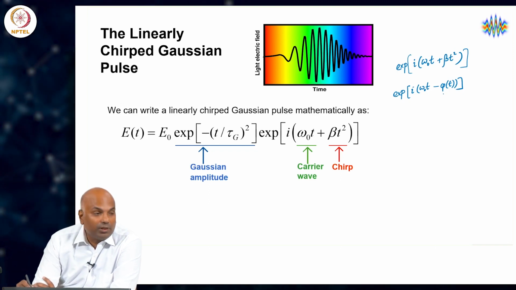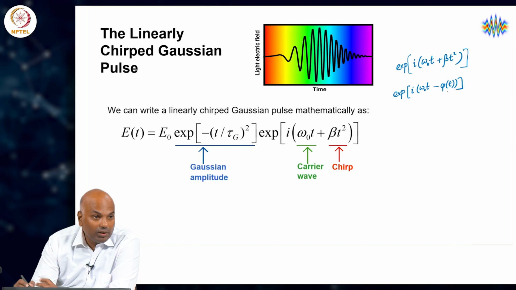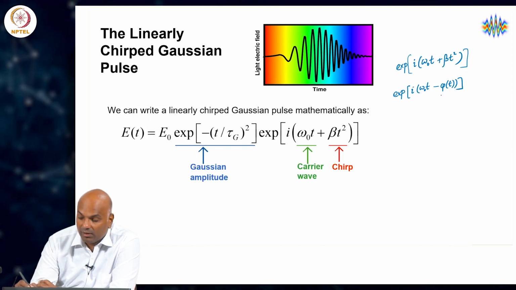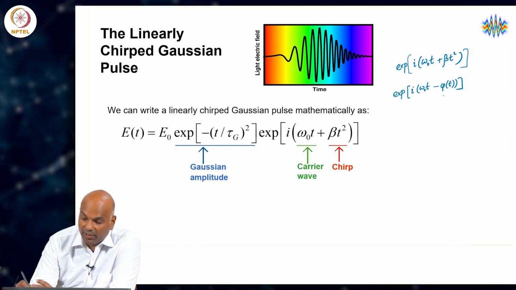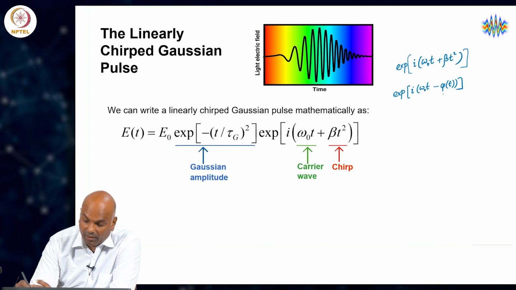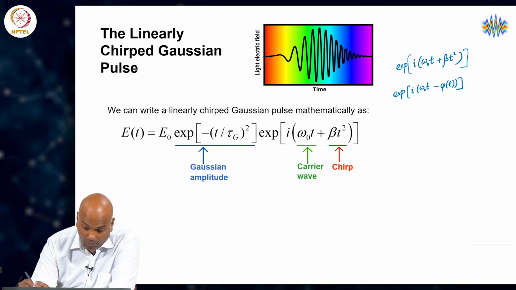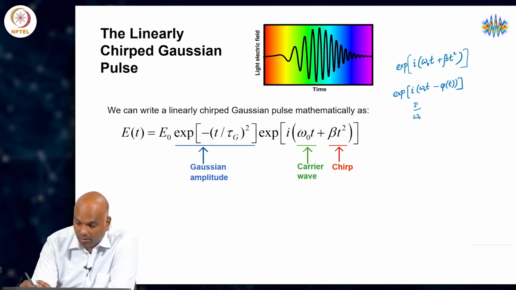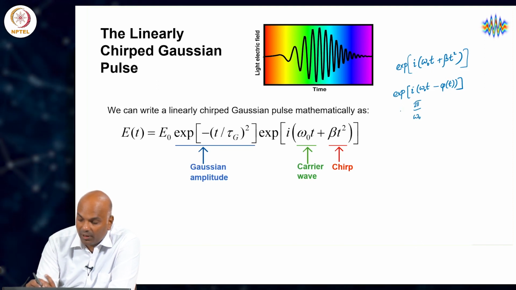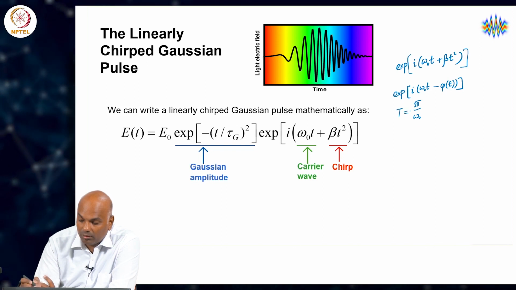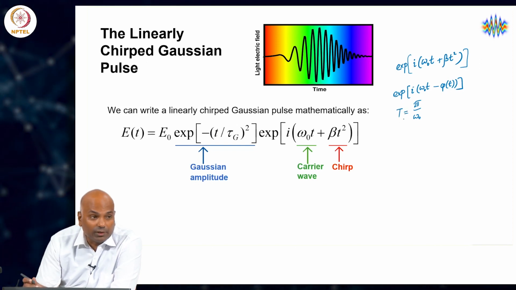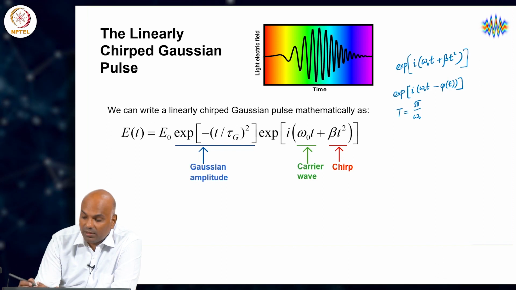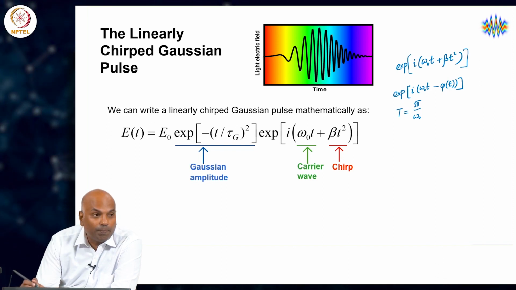Phi captured the slow variations in the phase, which are slower than the time scale of 2 pi over omega naught. This is the cycle period, and these variations in the phase are slower.